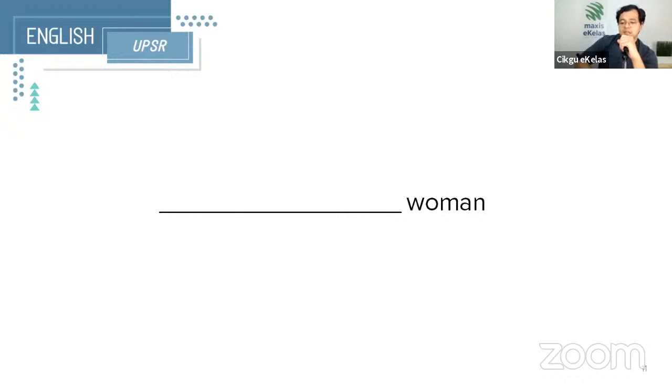I got a woman way downtown who's good to me. A good woman, a nice woman, a tall woman, a short woman. How would you describe the woman in your eyes? Not really sure about this one.